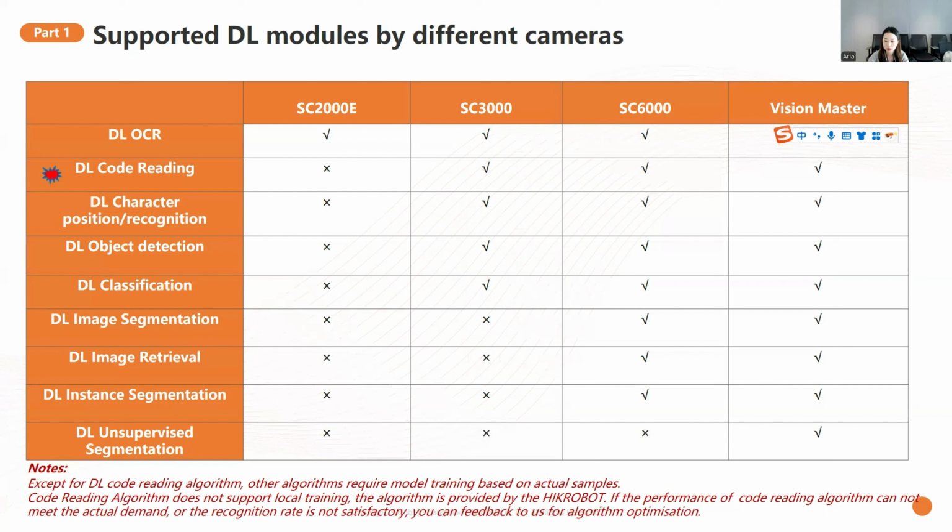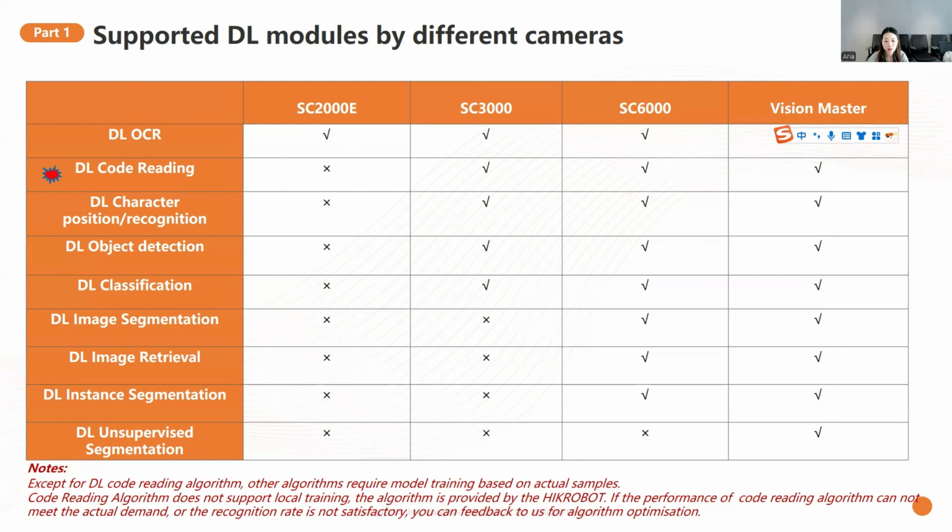Here, there are some important notices. Except for the deep learning correlating algorithm, other algorithms require model training based on actual samples. The correlating algorithm doesn't support local training because the algorithm is supported by Hikrobot. We have a powerful sample database, so we can continue to optimize the algorithm and upgrade its performance and accuracy.